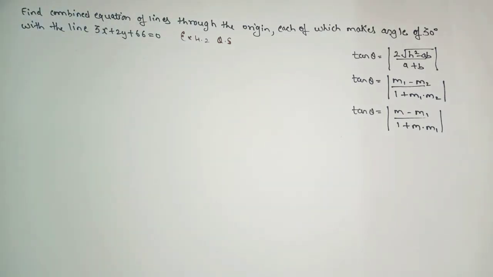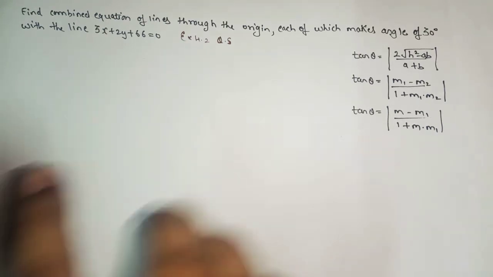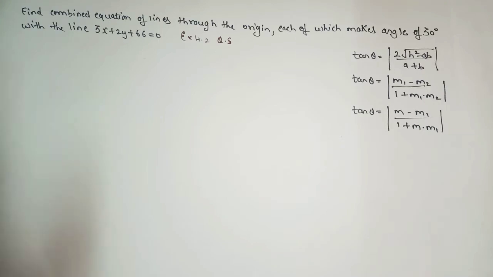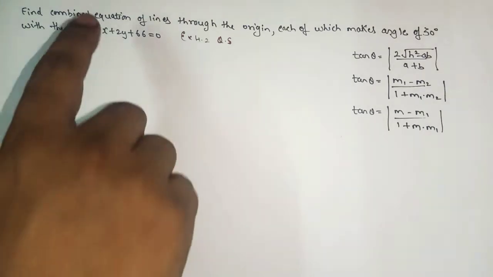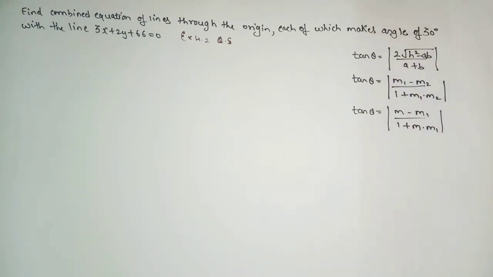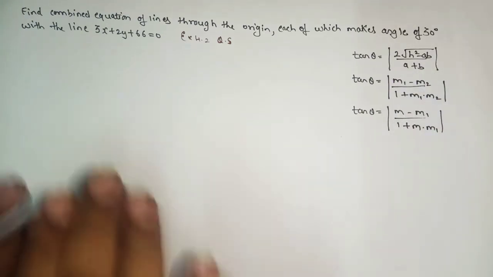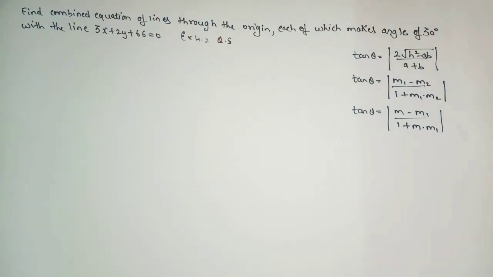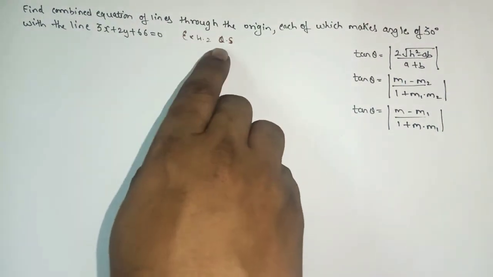As we all know, combined equation is type number 1, 2 and 3. So I'm taking this part separately because it is a combination of two types: combined equation as well as the measure of acute angle also. The same type of sum is there in exercise number 4.2, question number 5.